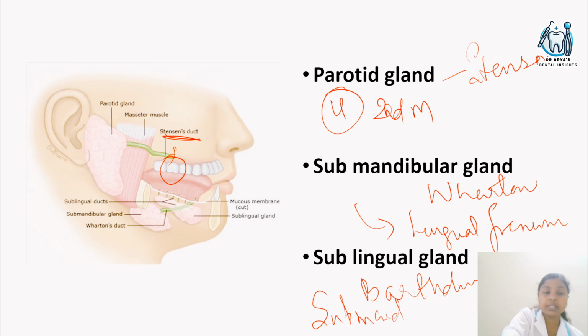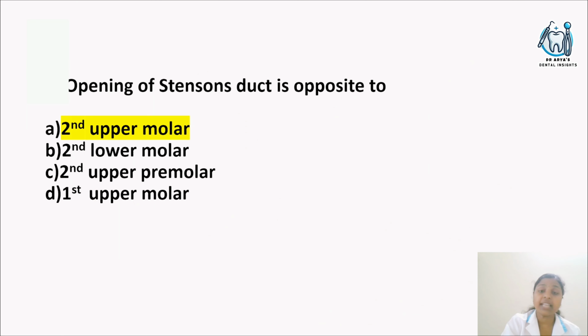Several minor ducts open along the sublingual fold independently. So these are the various glands and ducts. So for the parotid gland, the opening of Stensen's duct is opposite to the upper second molar.